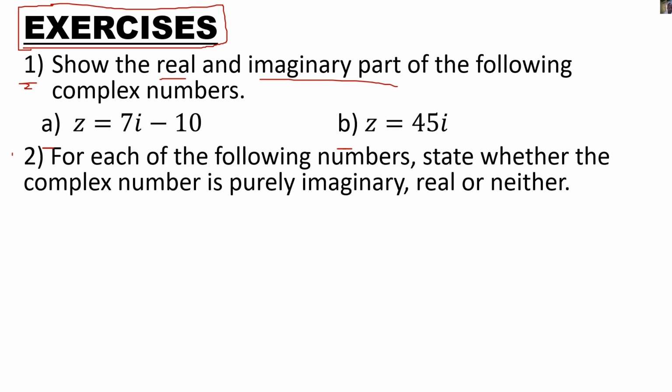Question number 2. For each of the following numbers, state whether the complex number is purely imaginary, real, or neither. As we have seen, a complex number can be purely imaginary, it can be real, or neither purely imaginary nor real.